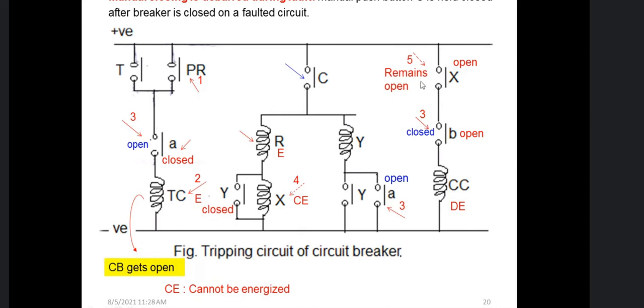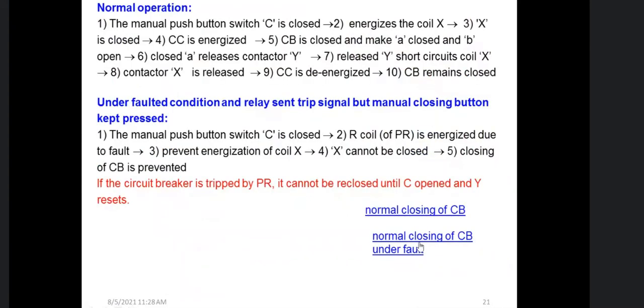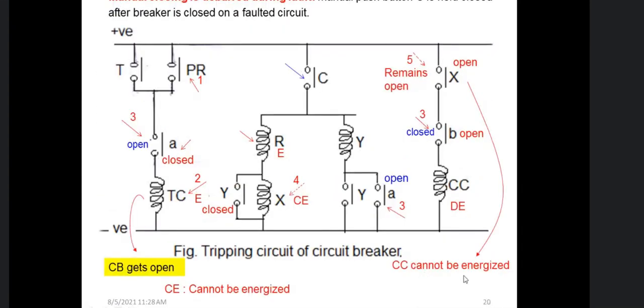I have written that one. Remain open. So if it remains open, then there is no question of the circuit closing coil being energized. TC cannot be energized, so closing of the CB is not possible.